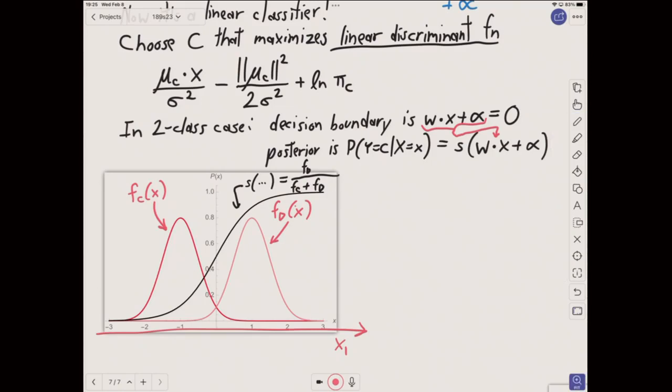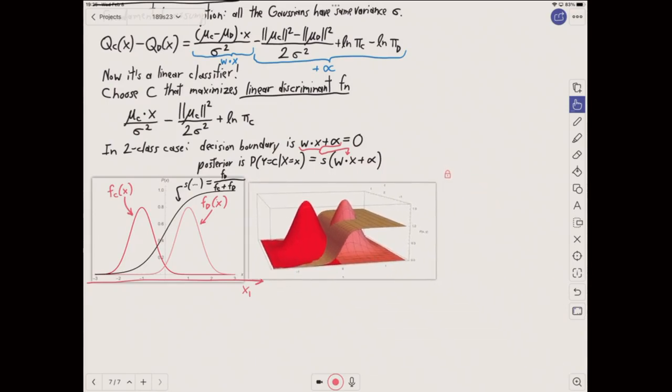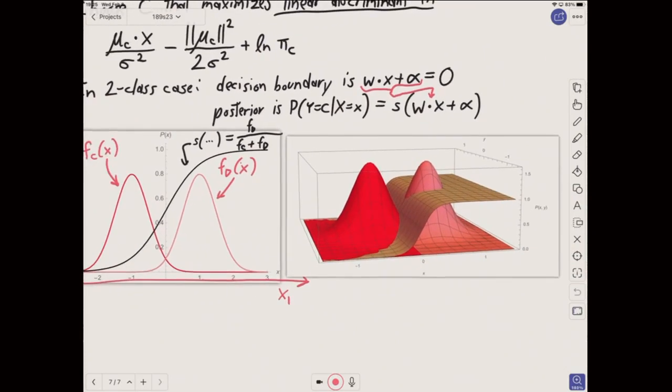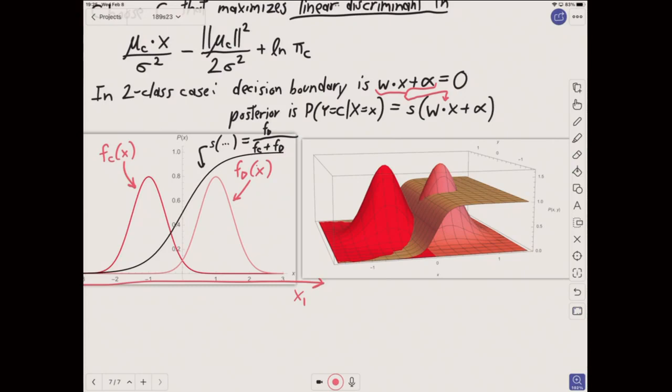It's interesting to also see what this looks like when you go to a higher dimension. Here's an example where now I've got a two-dimensional feature space instead of just one dimension. And the basics are the same.